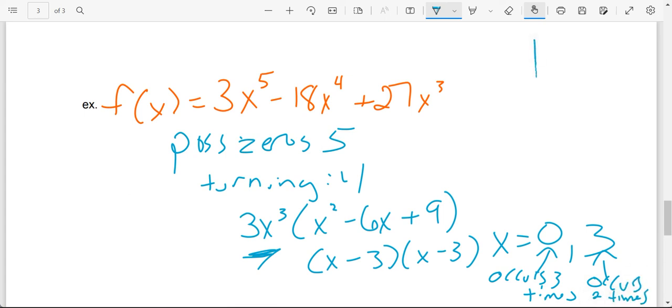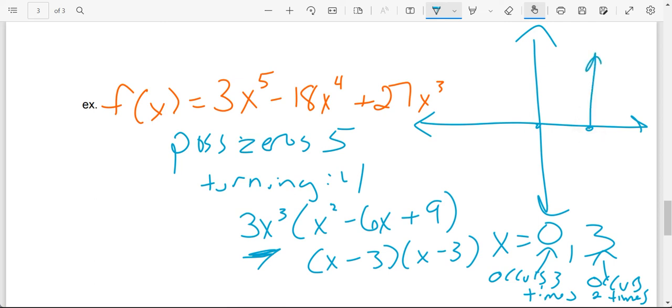Now, what does that mean for us? Well, when we graph it, we have zeros of 0 and 3. I'm not looking for artistic perfection here. So it's going to end like that, and it's going to go down because we have a positive leading coefficient and an odd highest power.